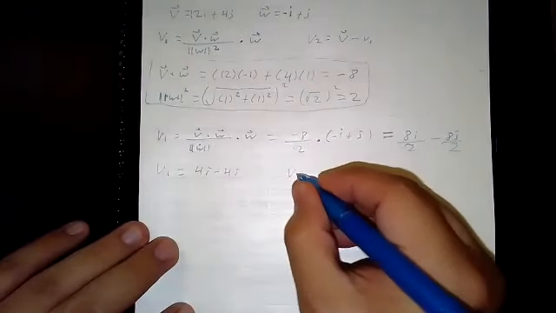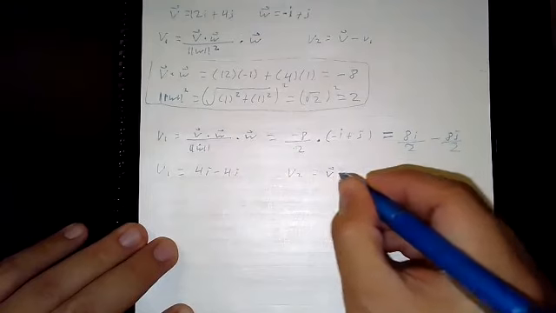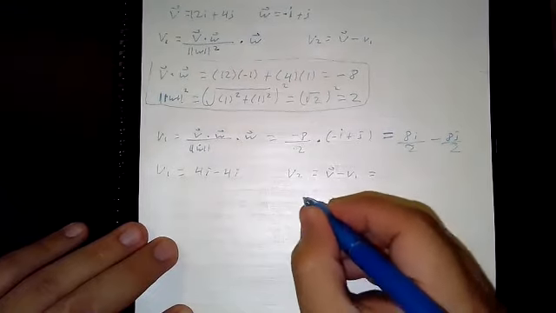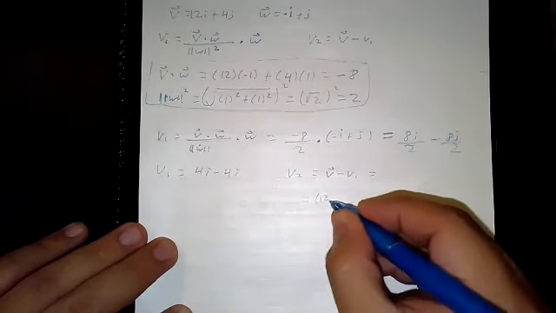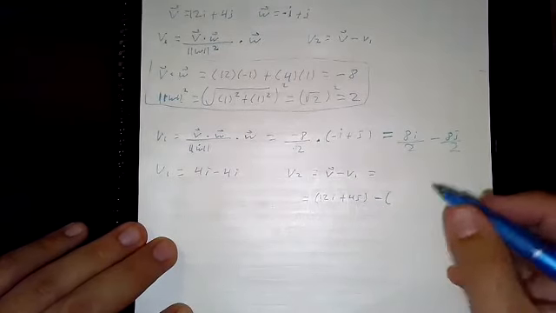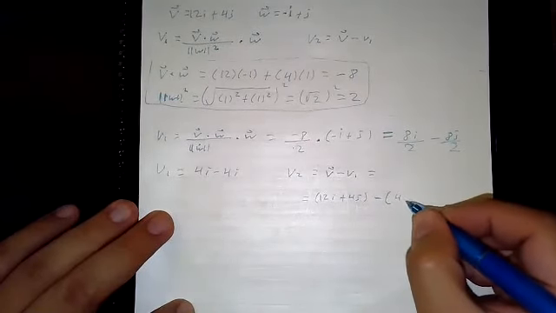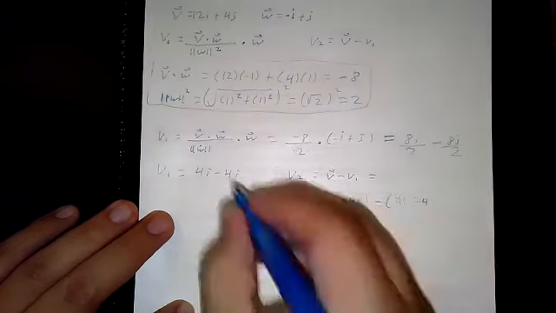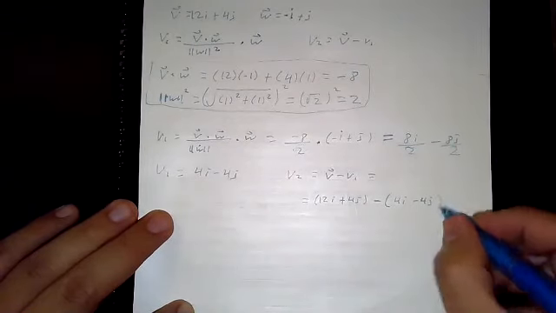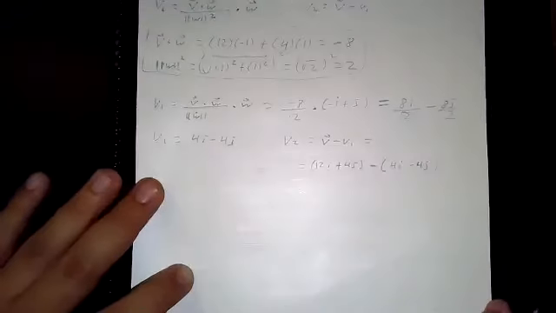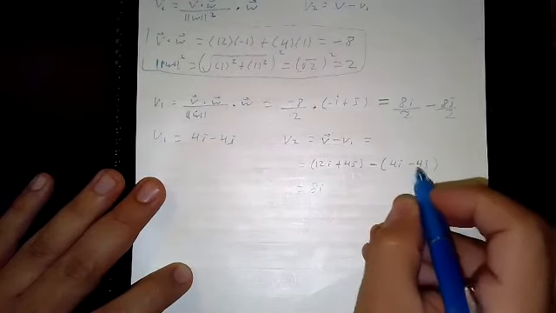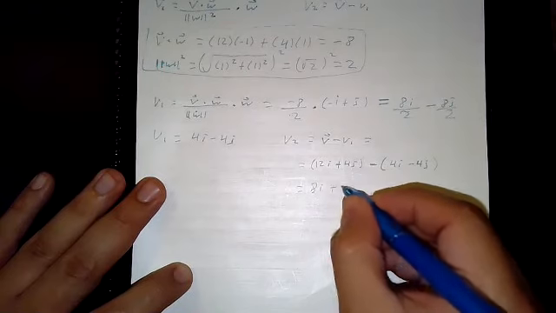And then v2 is simply the original minus the v1 that you found. So the original is 12i plus 4j minus the one we found, 4i minus 4j, which will give us 8i plus, plus plus, minus minus, yeah, 8i, 8j.